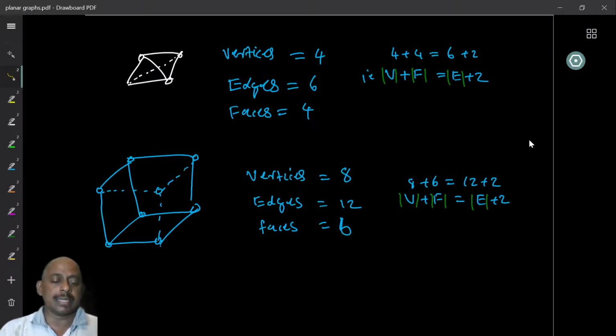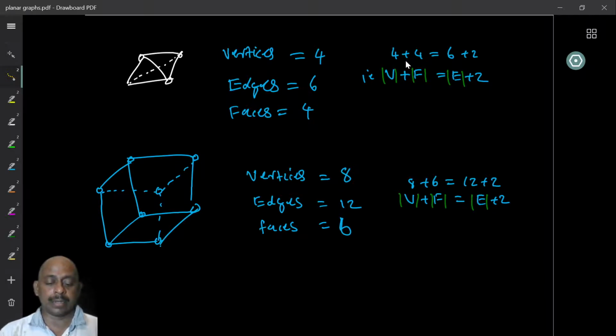So let's look at the tetrahedron case. It has 4 vertices, 6 edges, and 4 faces. Let us observe that the number of vertices, which is 4, plus the number of faces, which is 4, is equal to the number of edges, 6, plus 2.